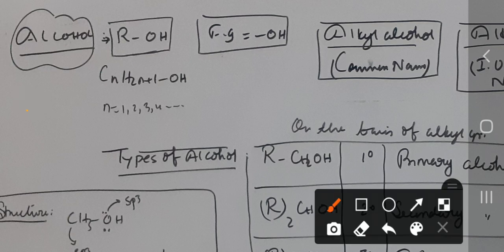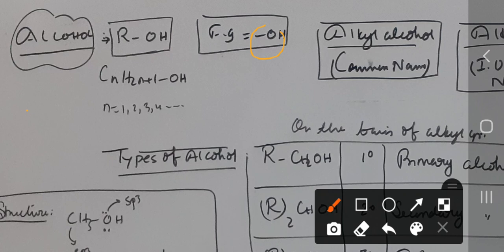Now, another topic, the functional group. As you know, the functional group is the part which is attached to the hydrocarbon part. In alcohol, OH is the functional group. It is considered the hydroxy group.